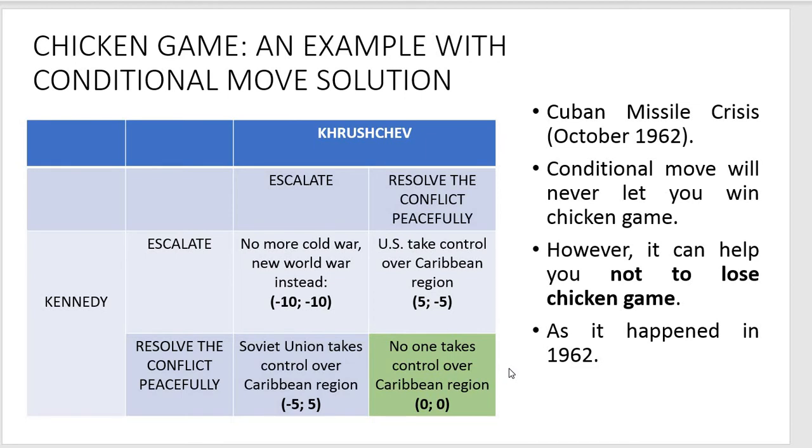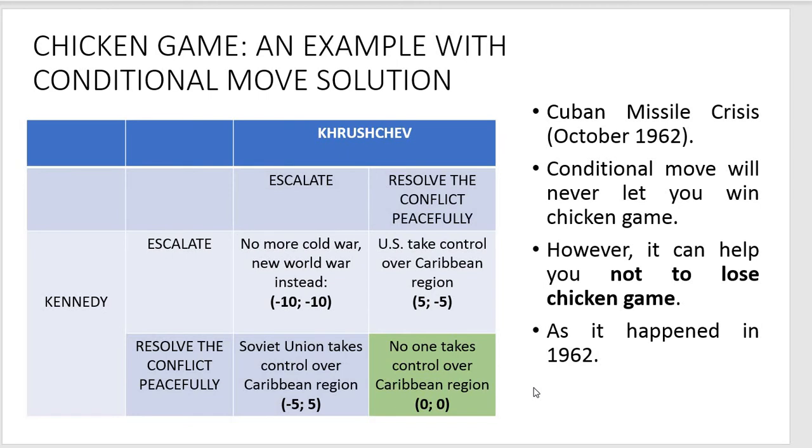As I mentioned, I will not try to invade the Caribbean region as long as you do not try to take control over the Caribbean region. So basically it was a mutual strategic move. And we ended up here. Both of the parties proclaimed they are not going to try to take any direct control of Cuba.